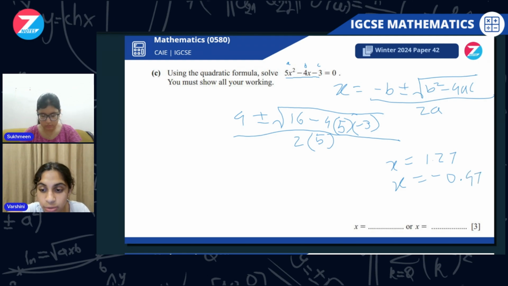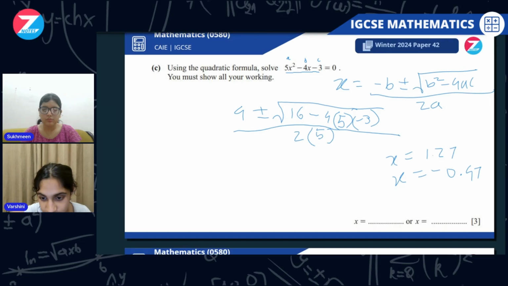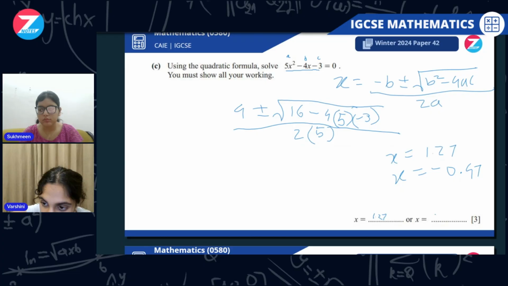So you can do that, but remember you have to show the working before you do that, or you could just manually do it, in which case you'd get the same answers. So I'm just going to put it in here, x equals 1.27, and x equals minus 0.47.